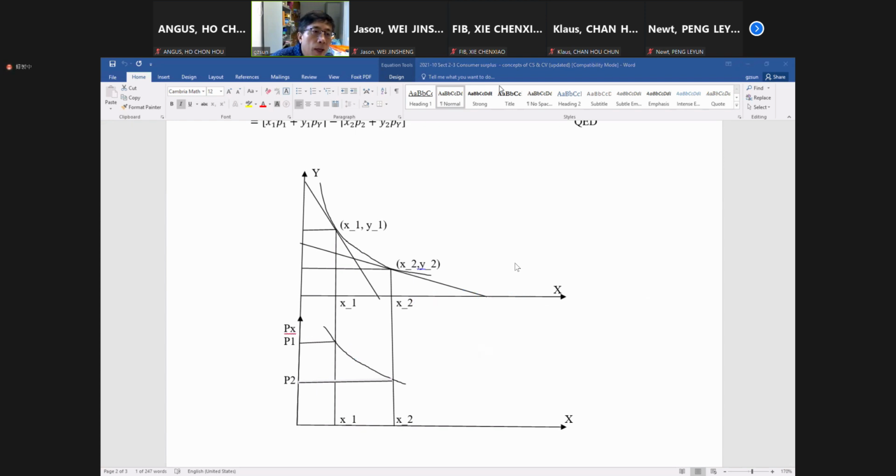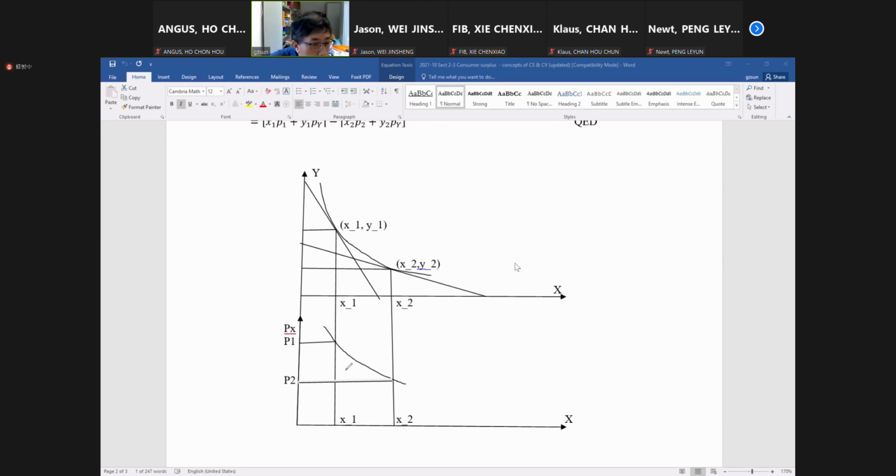And we have already got a very beautiful result. That is based on the Hicksian demand curve. If we calculate the change in consumer surplus, this is exactly how much money we can save.